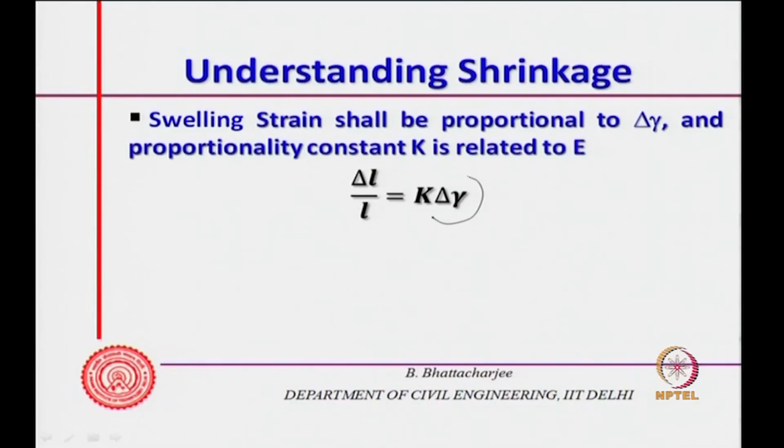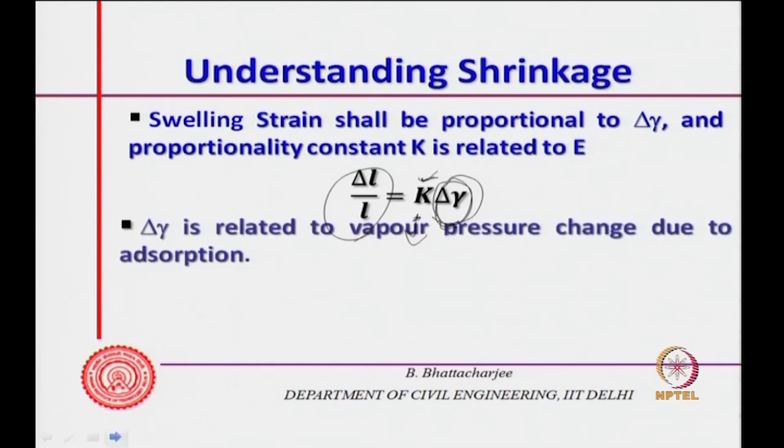So, you see the change in surface tension because of adsorbed water results in swelling strains, and this energy per unit area can be related to strain. Therefore, this must be related to the stiffness or modulus of elasticity of the system.